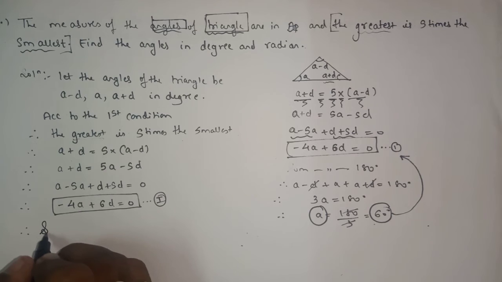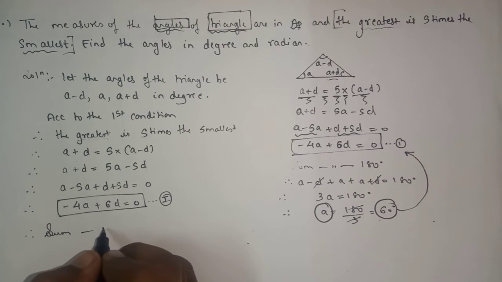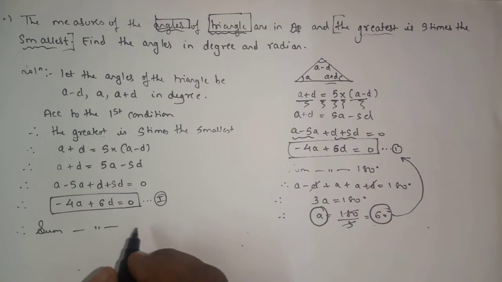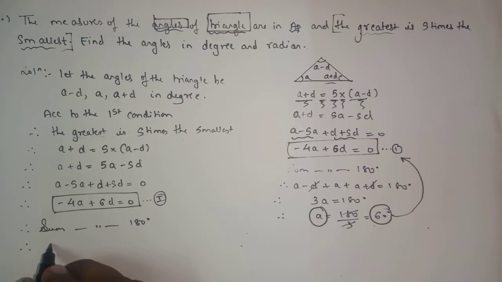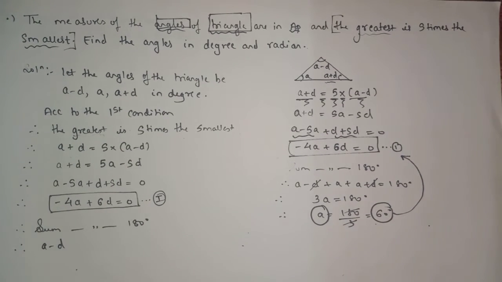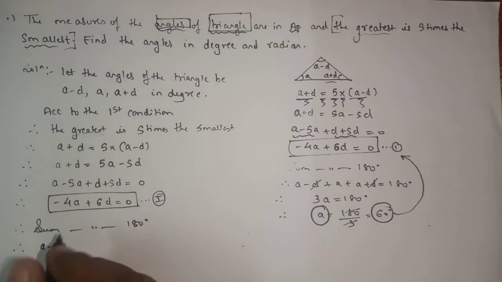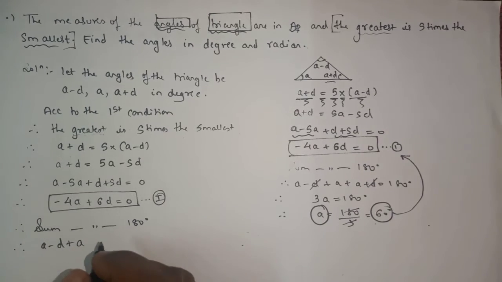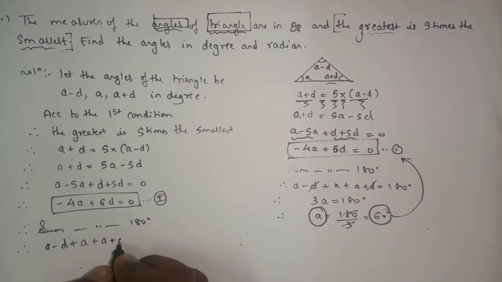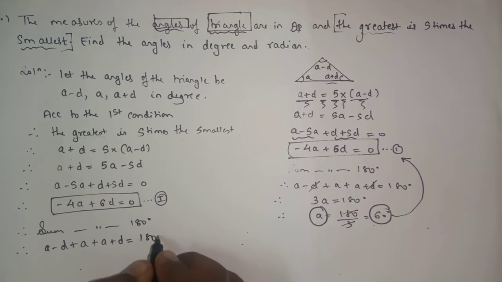Now we'll apply the property that the sum of the measure of the angles of the triangle is 180. So with respect to that, you will get A minus D plus A plus A plus D equals to 180.